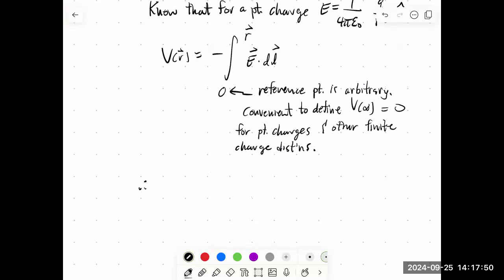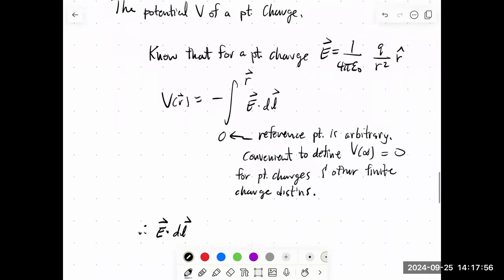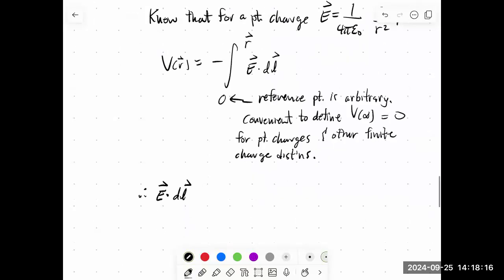Okay, so let's think about this E dot dl. We've written down here that the electric field is radial. So when I take a dot product with dl, it's only the radial component that's going to survive. If we're in spherical coordinates, we'd have an r hat term, a theta hat term and a phi hat term, but I only care about the r hat term because of this dot product and the radial electric field.